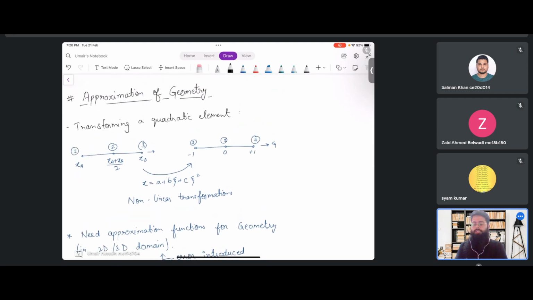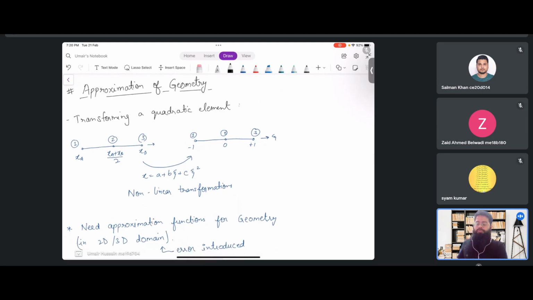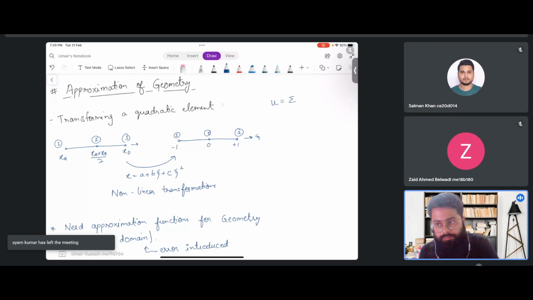There's one aspect that we studied in this week's course, that is the approximation of geometry. In FEM, we are quite familiar that we approximate the solution.